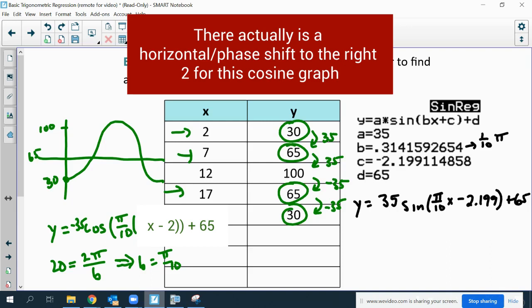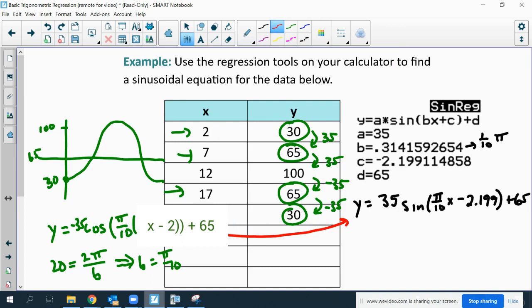Now, are these two things the same thing? If I look at the sine graph, for example, this is 2, this is 7. What would happen if I factor out this pi over 10?